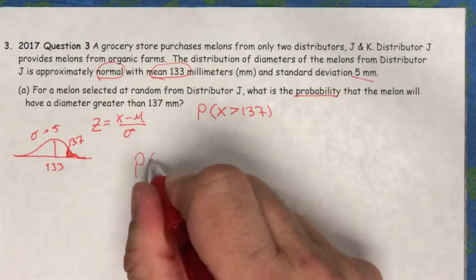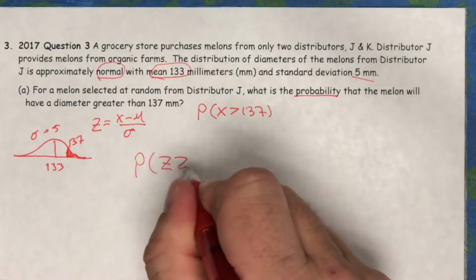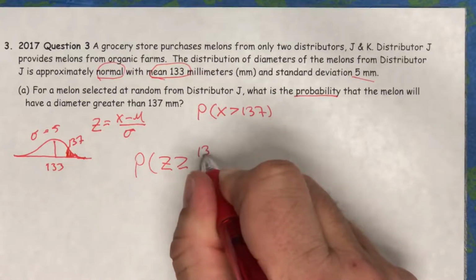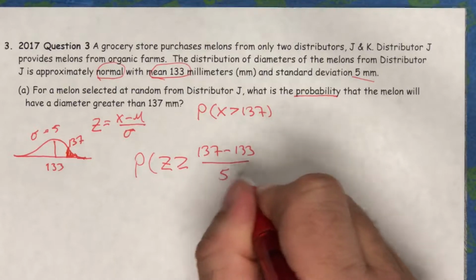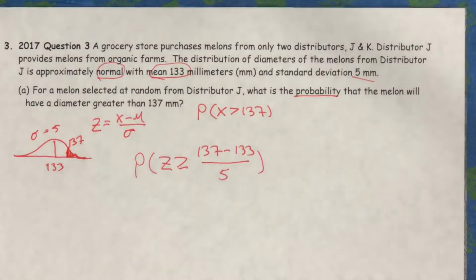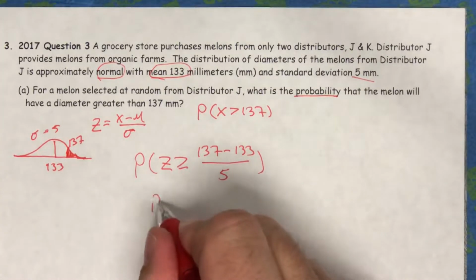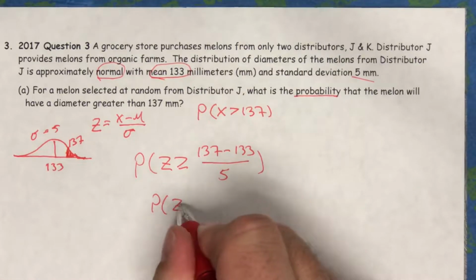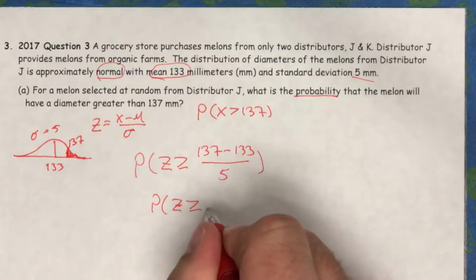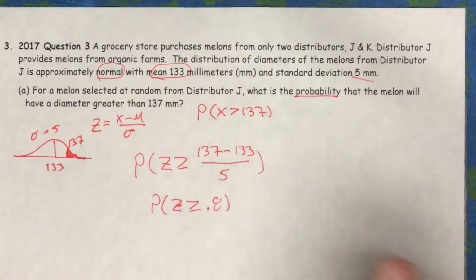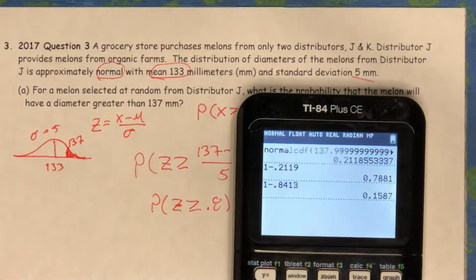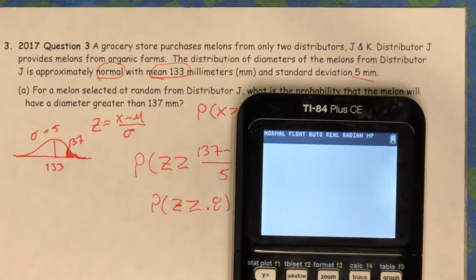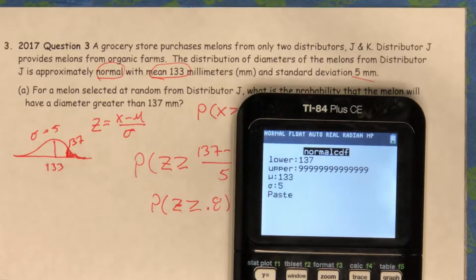So I'm going to start plugging in to see if I'm missing anything. And I go probability that Z is greater than or equal to 137 minus 133 over 5. Well, I have everything I need to know, and so I'm going to go ahead and simplify to find Z, and I go probability that Z is greater than or equal to 0.8. So now I'm going to go to my calculator, and because I'm looking for probability and it's normal, I go second vars, and this will be a normal CDF.